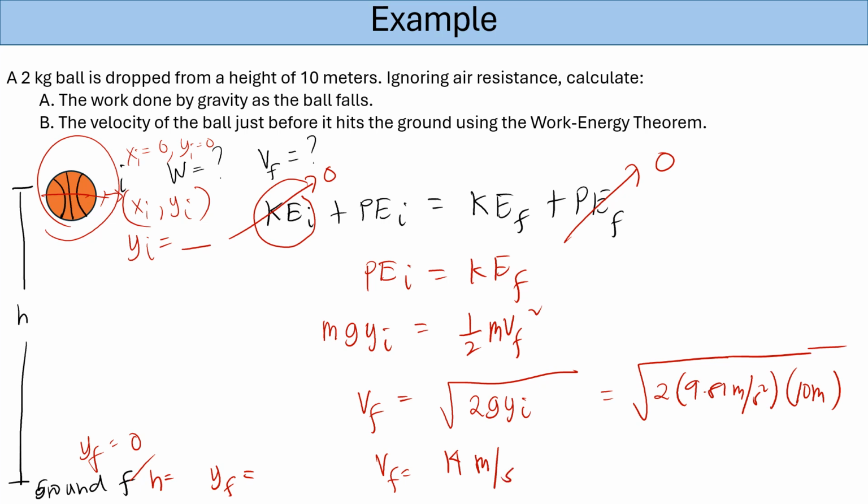Now, what is the work done by gravity? I will write that in this part. The work done by gravity will be equal to mgy, so this is actually mgh.